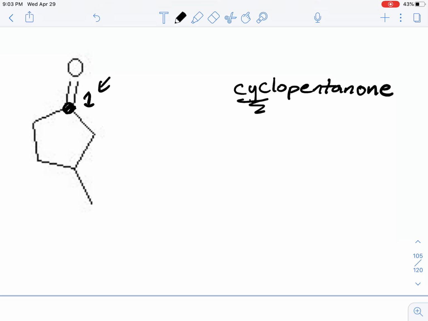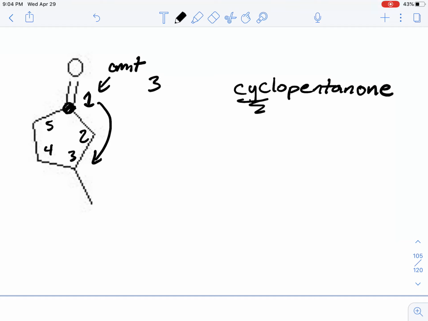And so I'm going to make sure that this carbon number 1 is omitted from the name. And so I'm going to number this such that the substituents get the lowest possible carbon number. And the only way that's possible is if I number it clockwise. So 1, 2, 3, 4, 5.